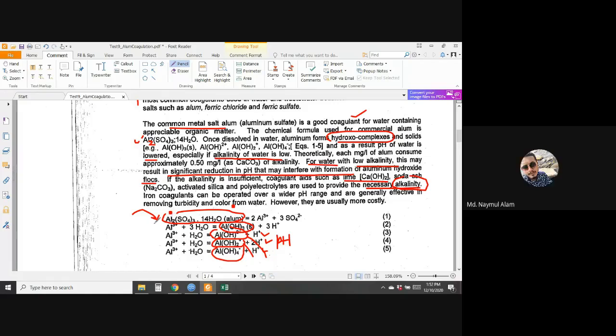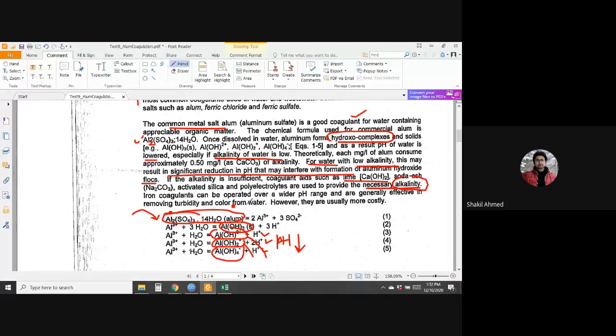If you do not want your pH to be lowered much while adding alum, then you should add some alkaline substances, for example, lime and others.